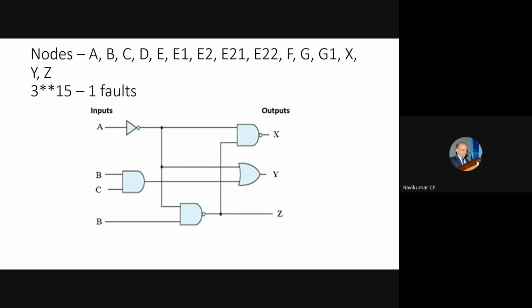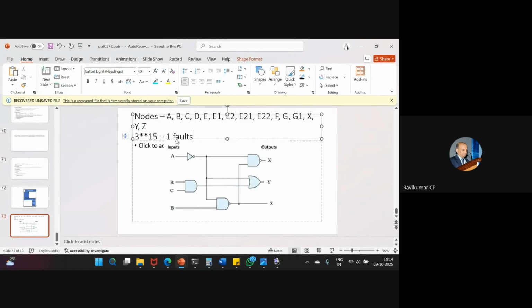Okay. For example, A is stuck at 0 and B is stuck at 1. X is stuck at 0 and C is stuck at 1, and so on and so on and so on. Does it make sense? Yes, sir. All right. So these are the multiple stuck at faults.